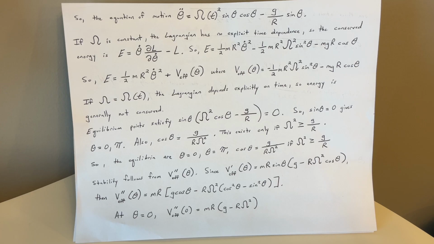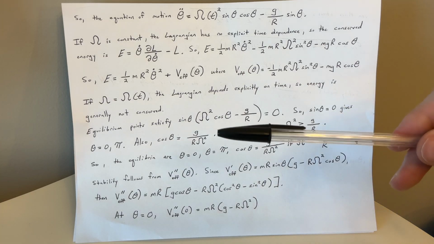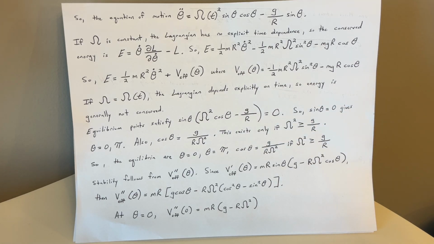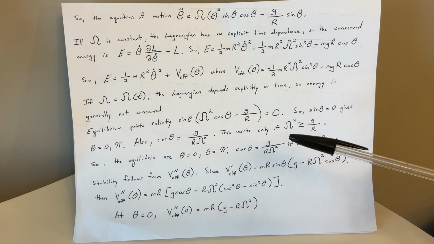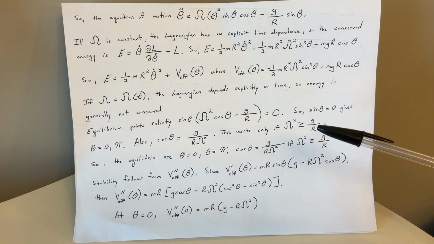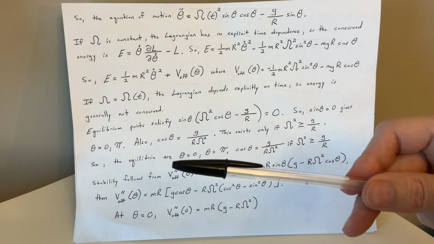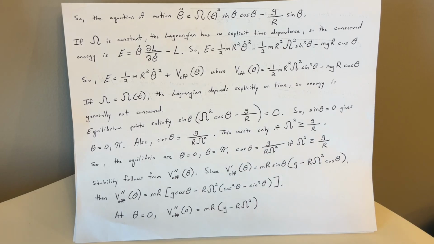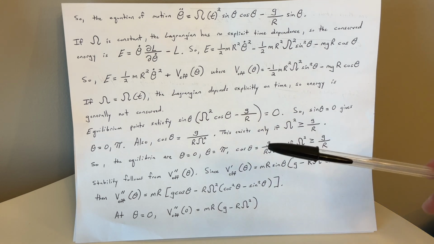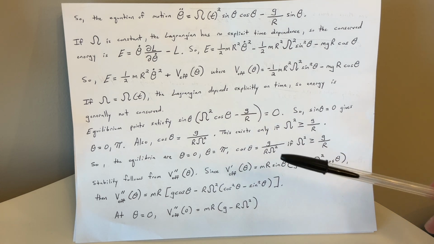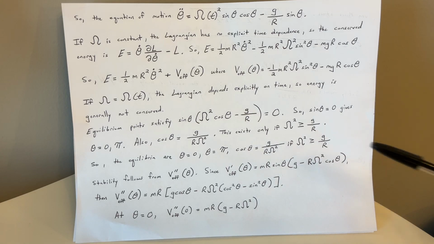And also cosine of theta equals g over r omega squared, and this exists only if omega squared is greater than or equal to g over r. So the equilibria are theta equals 0, theta equals pi, and cosine theta equals g over r omega squared if omega squared is greater than or equal to g over r.